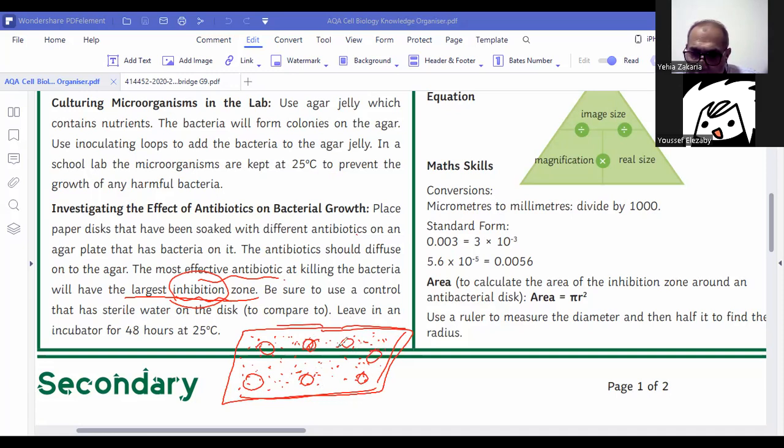These are different types of antibiotics. Antibiotics which have more effect upon the bacteria will make the largest inhibition zone, which means the zone where bacteria cannot grow, like this. Okay? Like here. This is a smaller one.